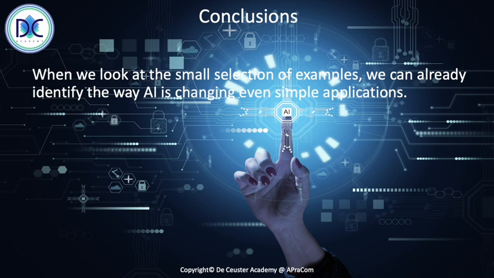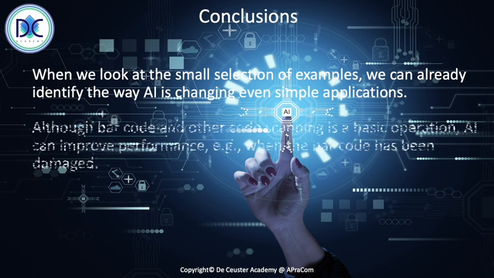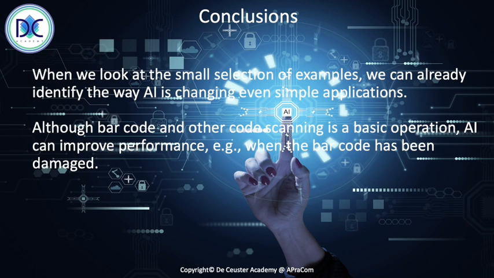Although barcode and other code scanners are, let's say, basic operations, the AI application can improve performance. For example, when a barcode has been damaged. We can improve the way the scanning is done, adding some AI elements to the barcode scanner.